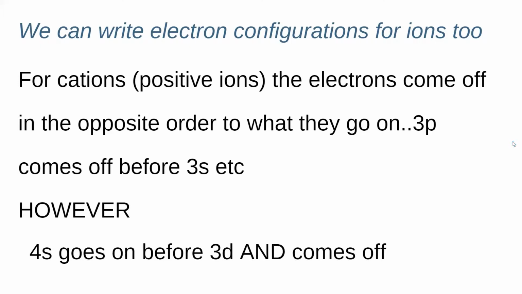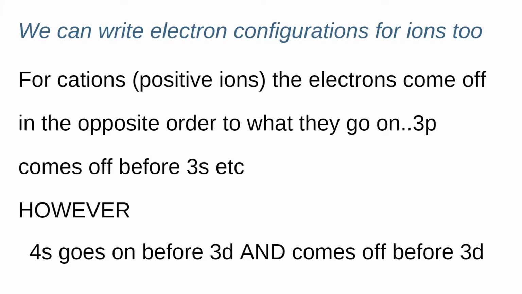The 4s electrons are added to the 4s orbital before electrons are added to the 3d orbitals, but electrons are also removed from the 4s orbital before any electrons are removed from the 3d orbital.